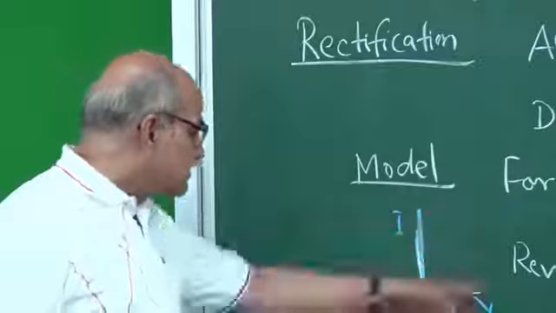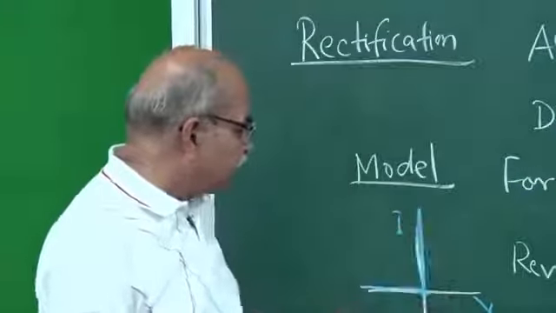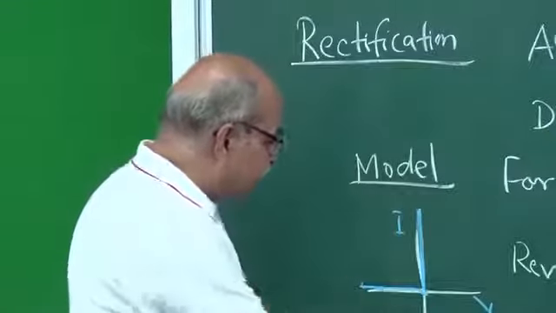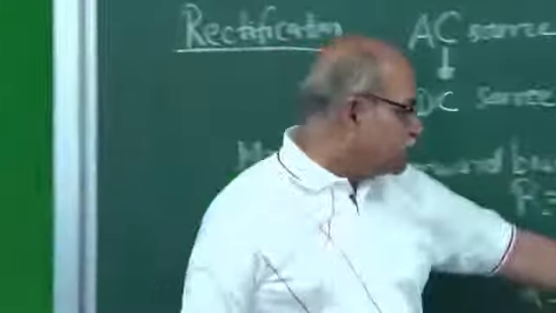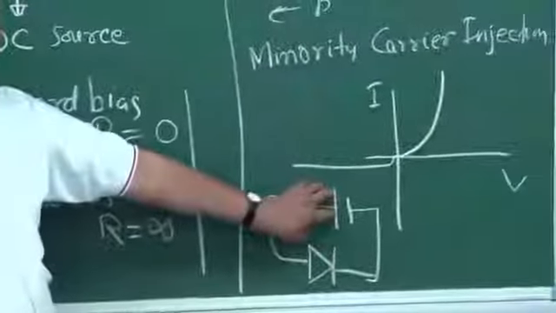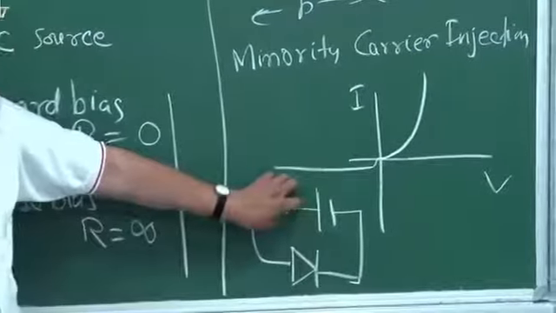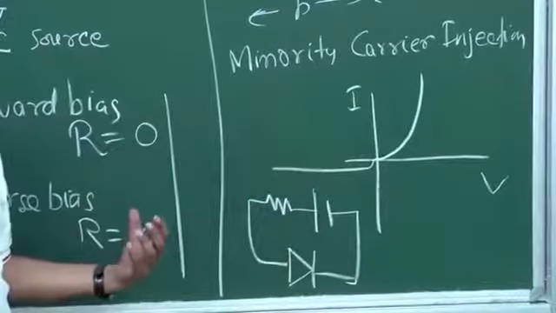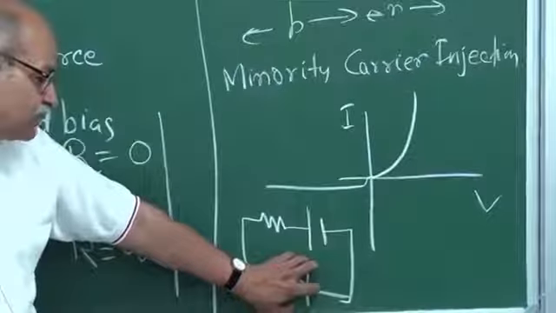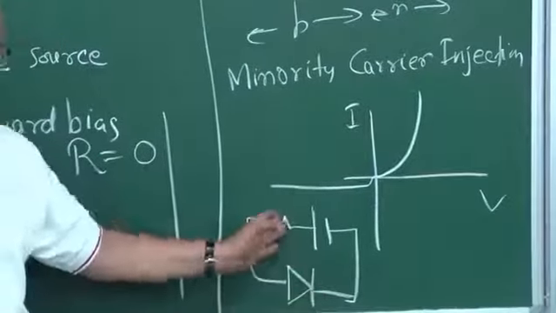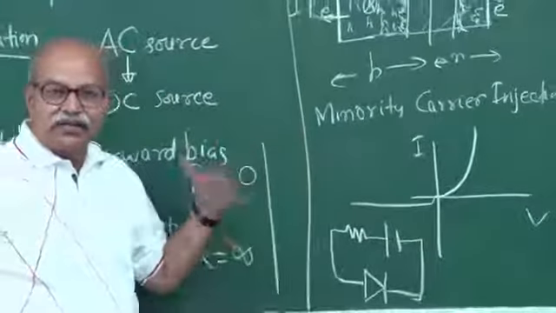Now why this peculiar drastic approximation? Is it anywhere close to the reality? Yes, it is, because for forward bias, the circuit has some resistance. So if the diode resistance is small as compared to that circuit resistance, this approximation is not bad. And similarly in reverse bias, if the resistance offered by the diode is very large as compared to the outside circuit resistance, it is not that bad.